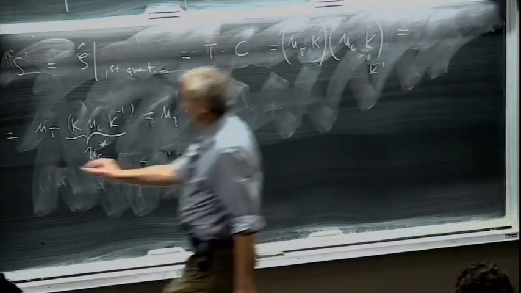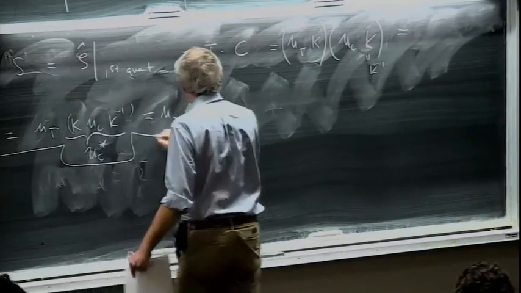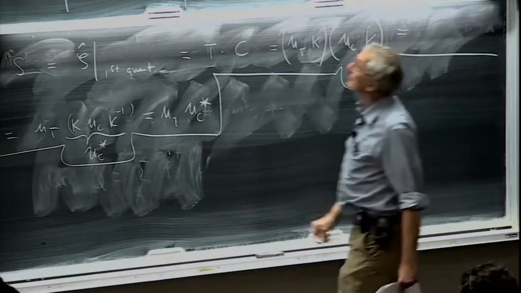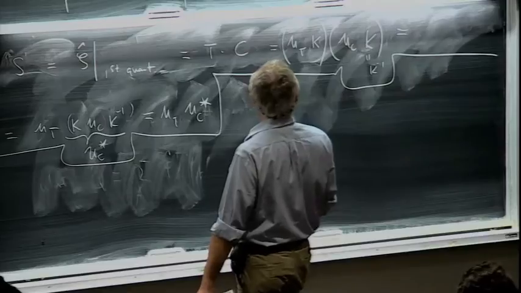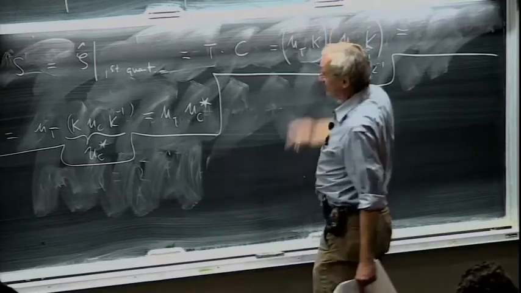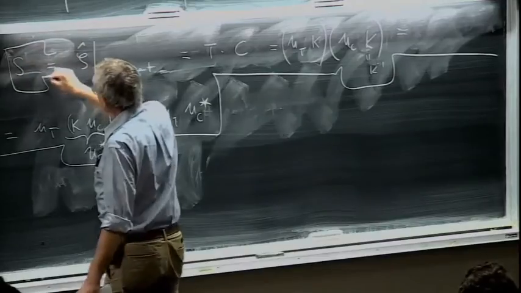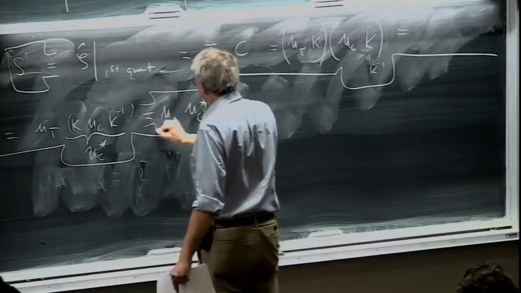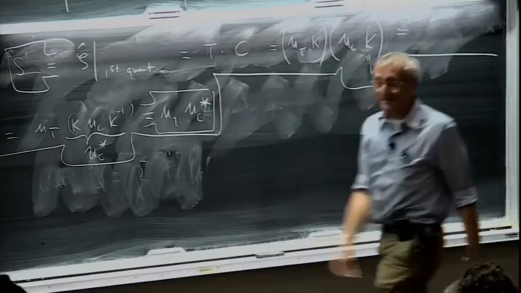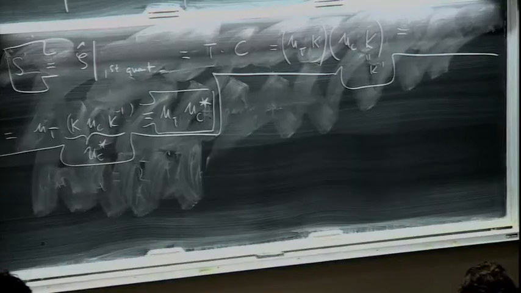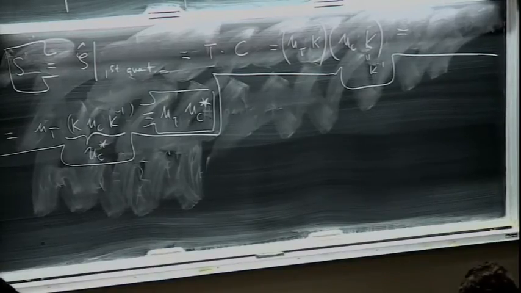So S is just, we have just introduced an extra symbol for something we already defined. S is just the product of the two unitary matrices UT and UC star coming from time reversal and charge conjugation symmetry.